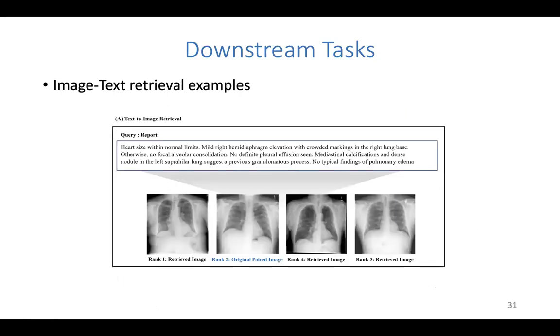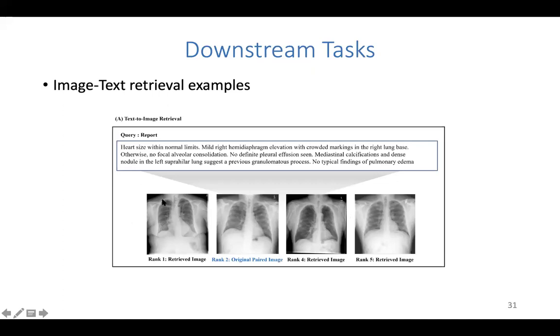And if you look at some examples, this is text to image. What you're doing is providing a text, this is the given text here. Given the text, you want to retrieve the most relevant image from all the images in the pool. So this is rank 1, 2, 3, 4.